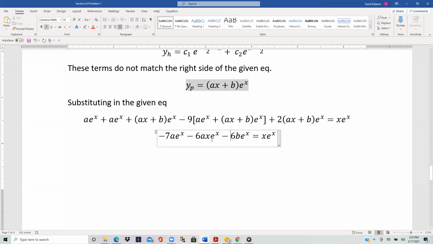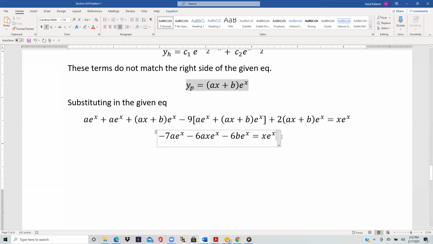So this is what I have after I simplify this left-hand side. And so now the two main terms that are going on are e to the x. Remember, it's the variable terms that decide what's going on. A is just a constant and b is just a constant. So to see how many different terms are going on, we look at the variable terms. So we have an e to the x going on, and we have an x e to the x going on. So we can first compare coefficients of e to the x.